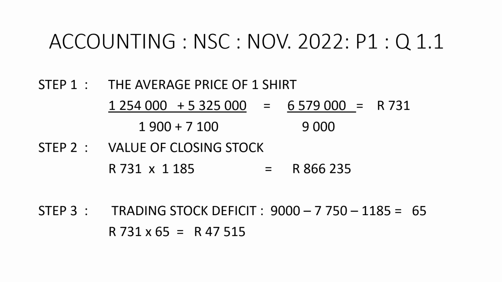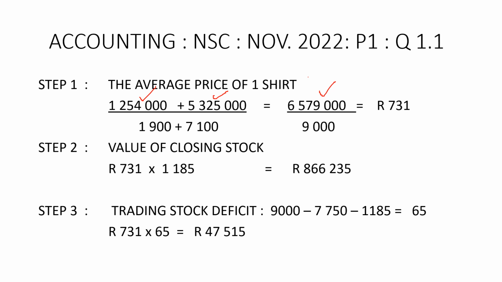And these are the workings for step number 1, 2, and 3. Once again, step number 1, calculate the average price of one shirt. Your opening stock, the rand value is 1,254,000 plus the purchases for the year, which is 5,325,000, which gives you a total of 6,579,000 rand.